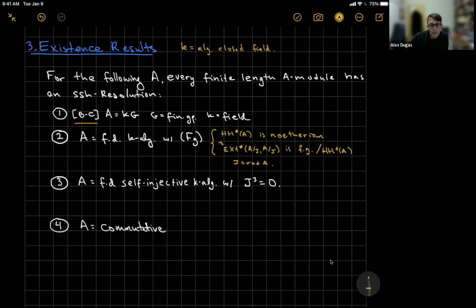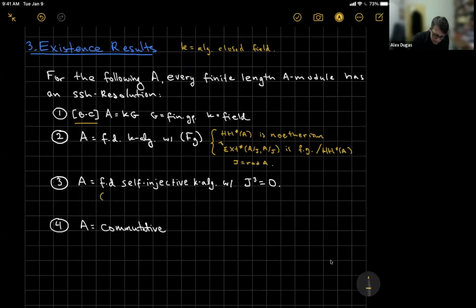All right, so next, in order to find some examples of algebras that do not satisfy the FG condition, we looked at self-injective algebras of radical cube 0.